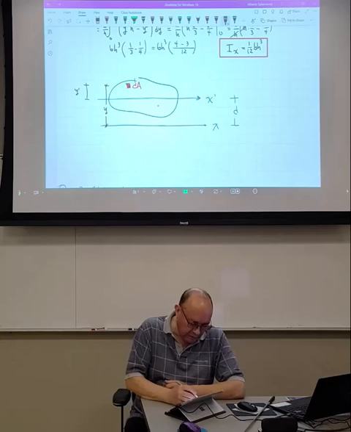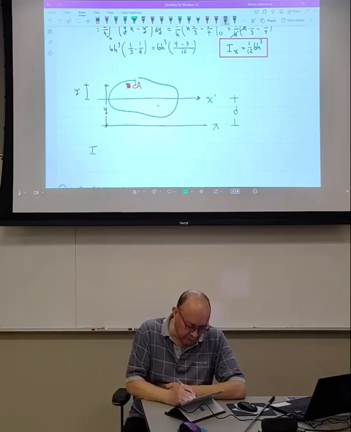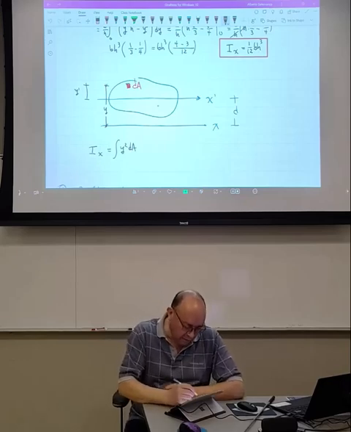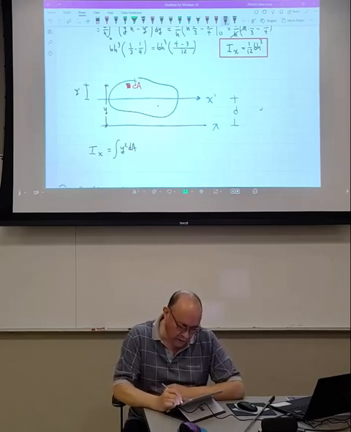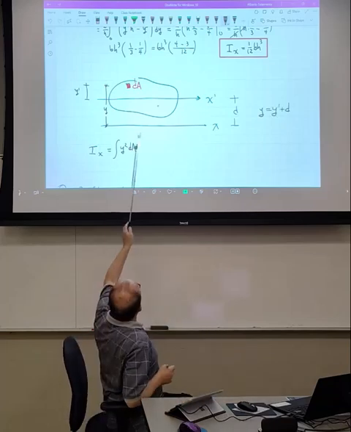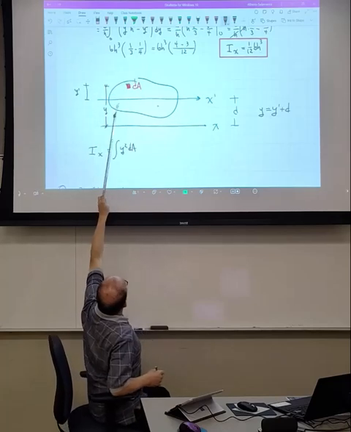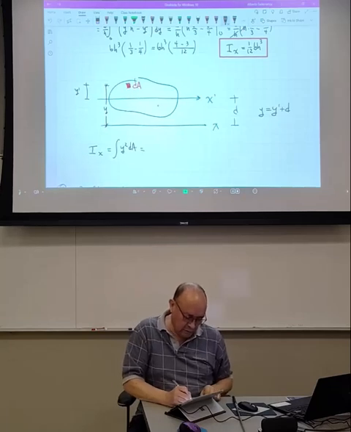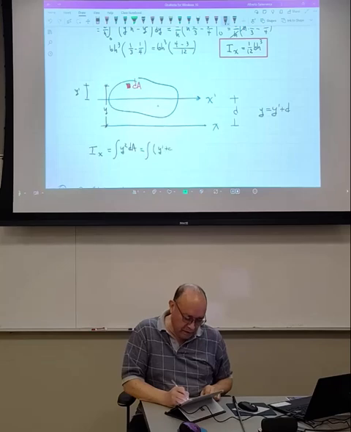So the moment of inertia with respect to the x-axis will be equal to the integral of y squared dA, right? And y is equal to y prime plus d. So then we can write this as the integral of (y prime plus d) squared dA.